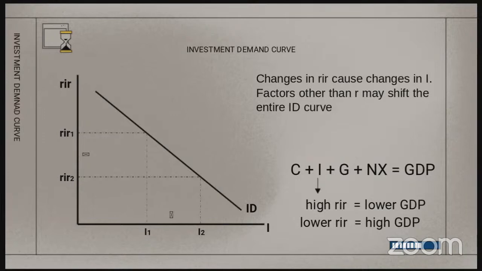The vertical axis of the graph is the real interest rate, which is abbreviated as RIR, and the horizontal axis is investment spending, which is indicated with the capital I. The investment demand curve is a downward sloping line.